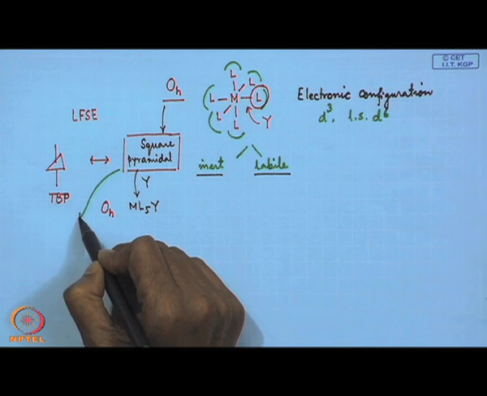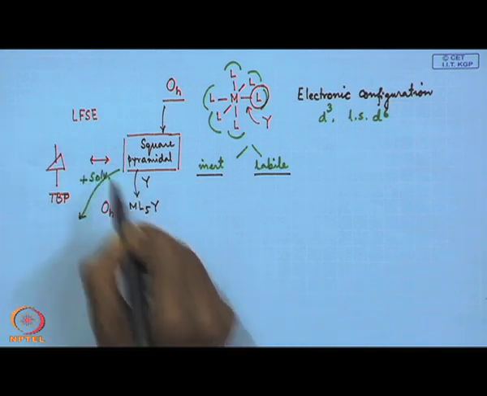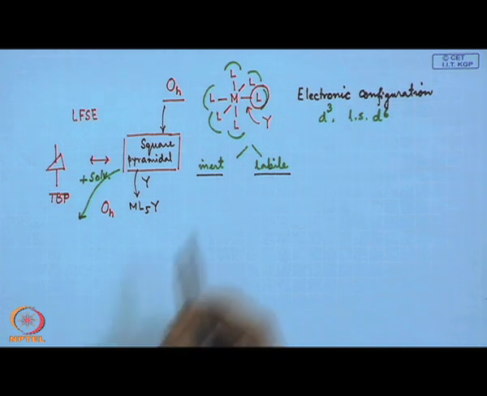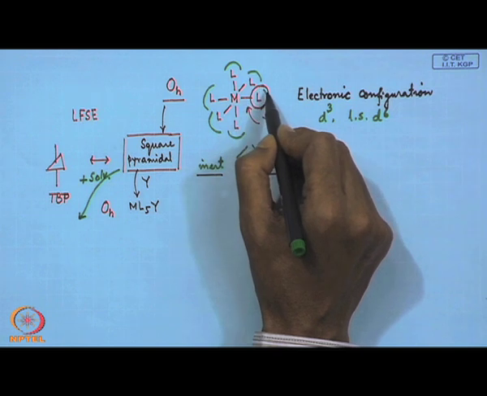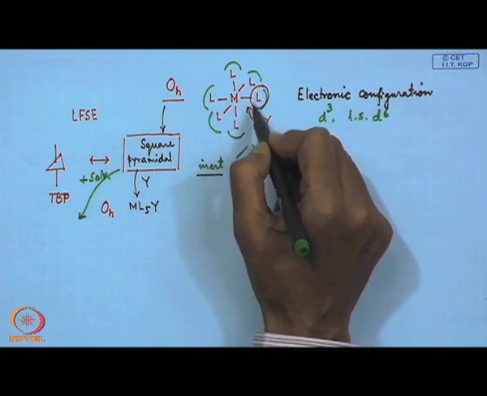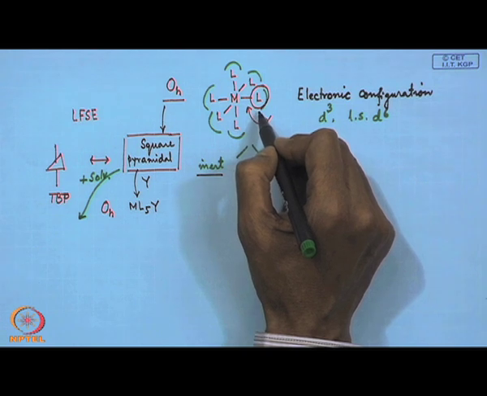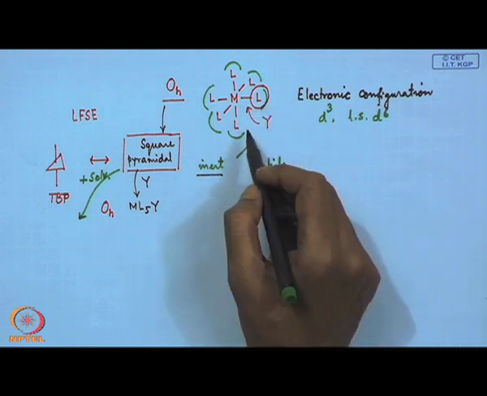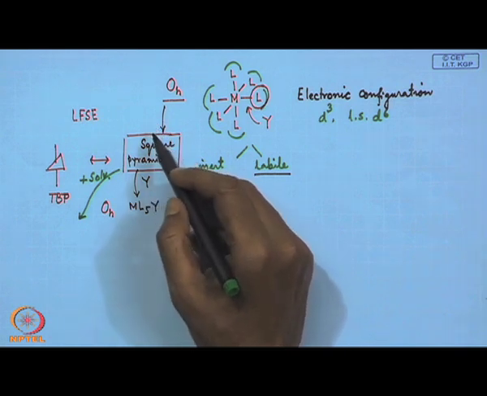Or the same square pyramidal geometry can accept one solvent molecule at the vacant position. When it goes for the attachment of the solvent molecule, the solvolysis reaction, we immediately get back the octahedral geometry.